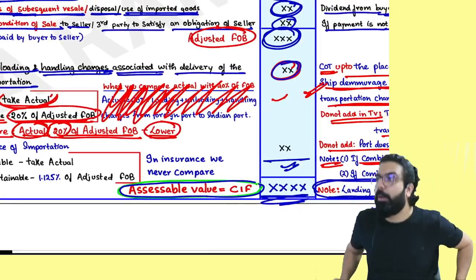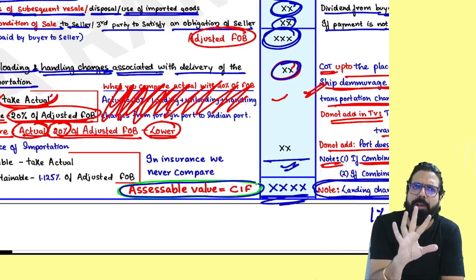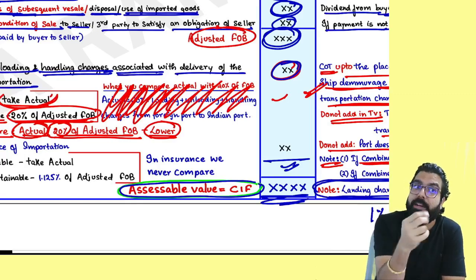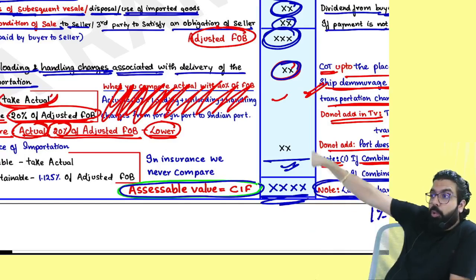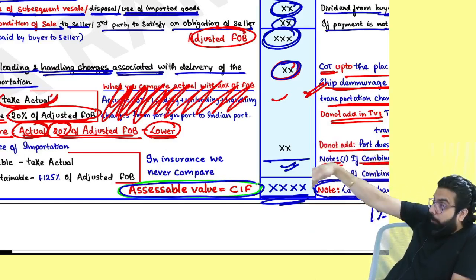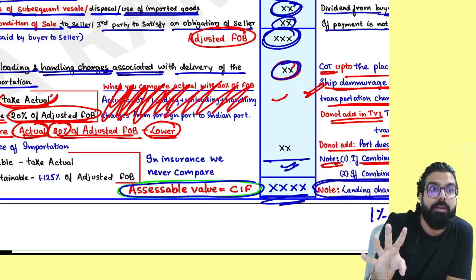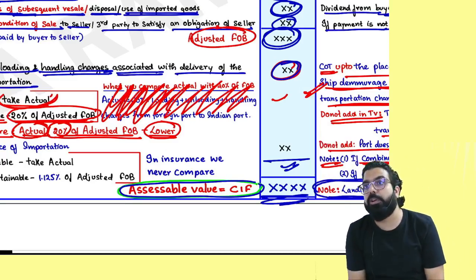It means when you take 20%, when you take actual, then no problem. Actual cost of transportation. But when you take 20%, they assume US का port का loading, unloading, handling charges plus India तक का transportation cost, everything is included in the 20%. Is my point clear to all?